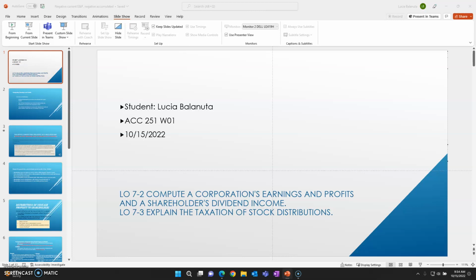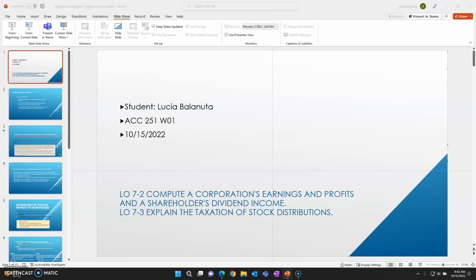Some shareholders receive cash or other property and others receive stock and increase their proportionate ownership. Some shareholders receive preferred stock while others receive common stock. Shareholders receive distributions with respect to preferred stock, or shareholders receive distributions of convertible preferred stock.